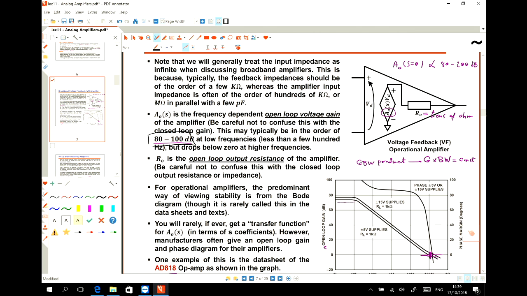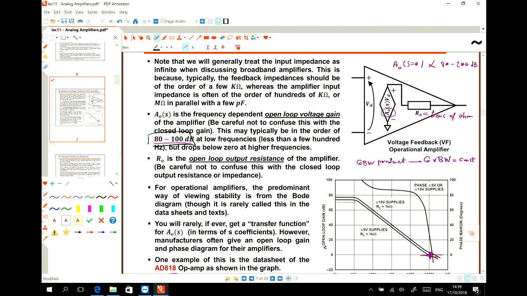So, for example, if the gain bandwidth of an amplifier is, I don't know, 100, it means 100 megahertz. It means that if we have a gain of 10, then the maximum frequency that we can cover with this amplifier is 10 megahertz. But it's not like that.